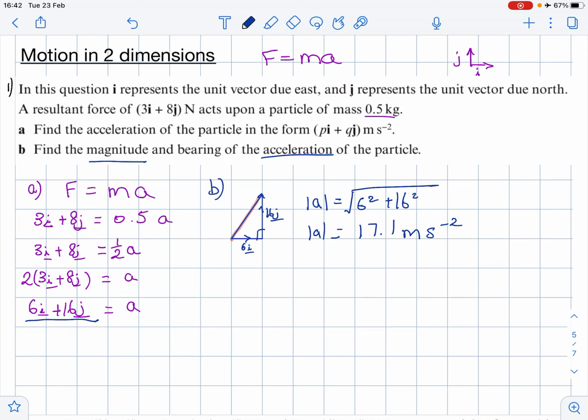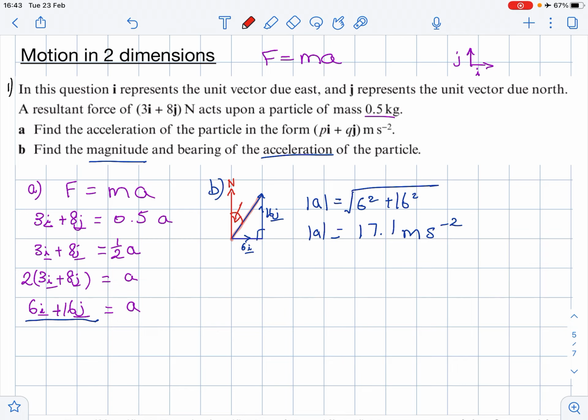Then we want to find the bearing of the acceleration. If we remember, to find the bearing we always start from north, and this is our resultant. We want to find this angle here.